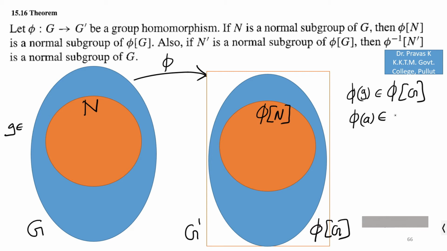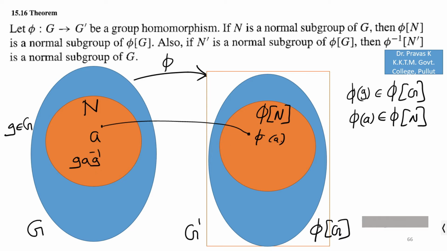So let phi(a) be in phi[N], which means that there is an a in N such that phi(a) is in phi[N]. Now if g is in G and a in N, we know that g a g inverse is an element of N, since N is a normal subgroup of G. We need to prove that phi(g) phi(a) phi(g inverse) is in phi[N].